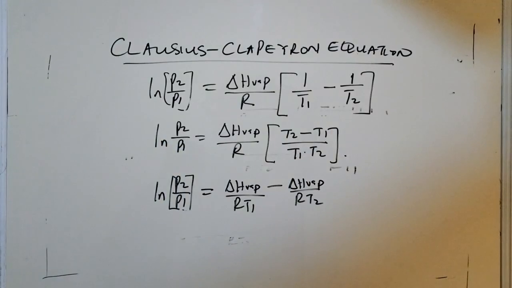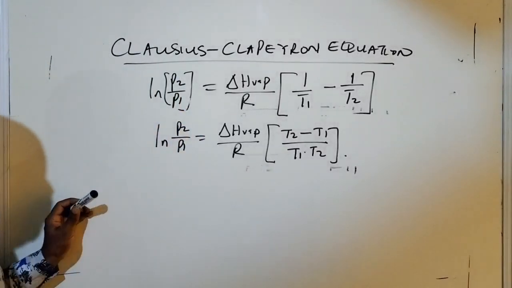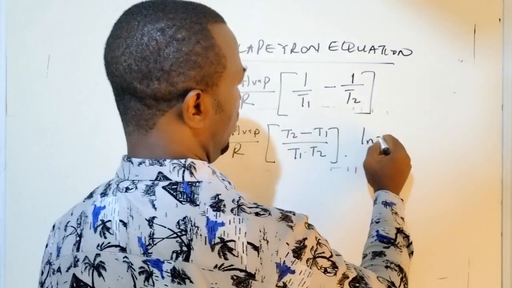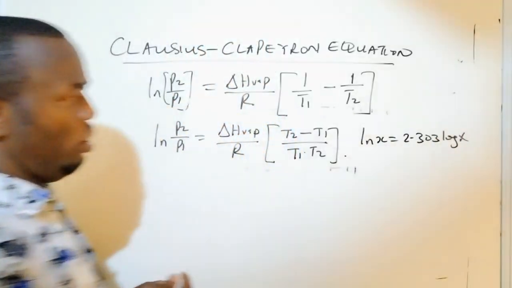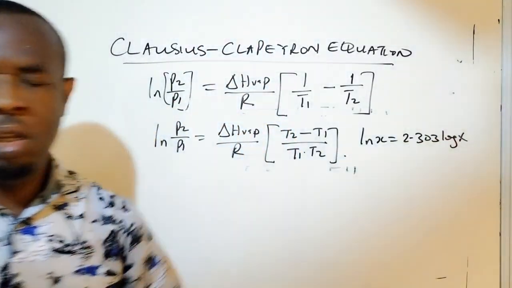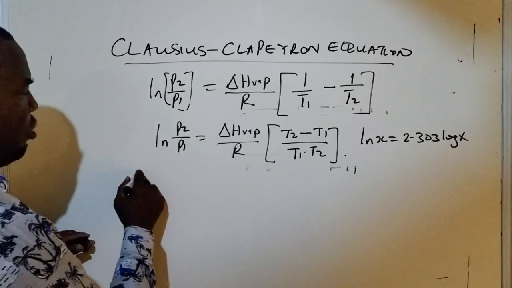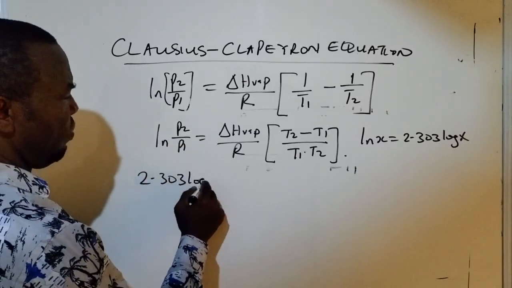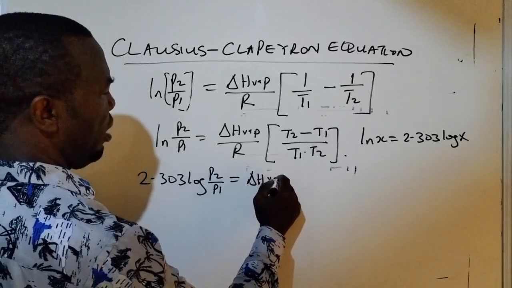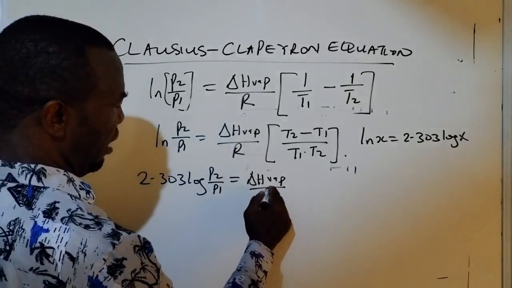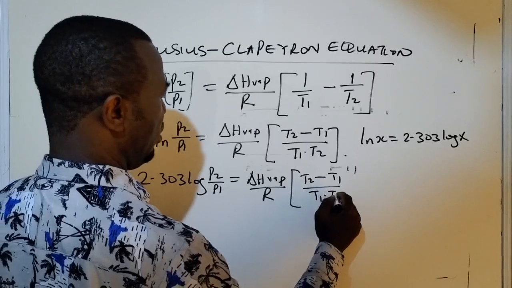So, having done that, we know that log of a number, as I explained initially, you can convert natural log to log to base 10. Natural log of a number is equal to 2.303 times log of the number to base 10. So we can change this as 2.303 log P2 over P1 equal to the molar heat of vaporization over R, T2 minus T1 all over T1 times T2.